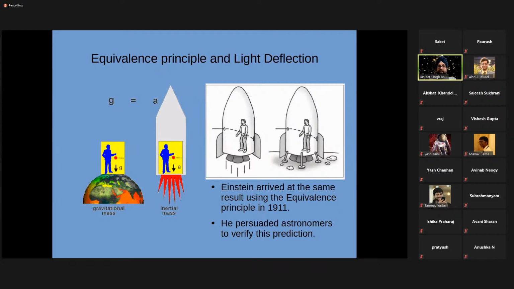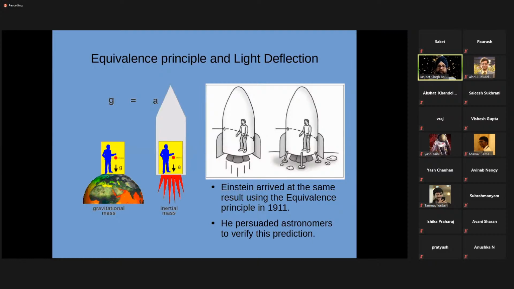So just to recap, in the equivalence principle, one thinks of equivalence between two frames. One is in a uniform gravitational field, and the other is in a uniformly accelerating frame, away from all gravitating masses. It could be in a rocket far, far away.